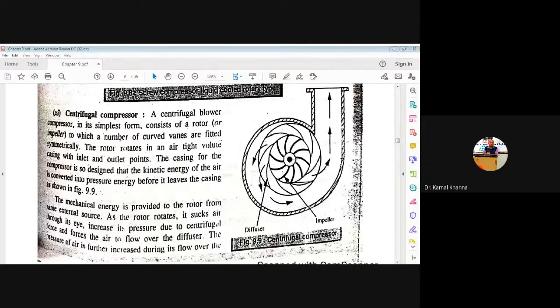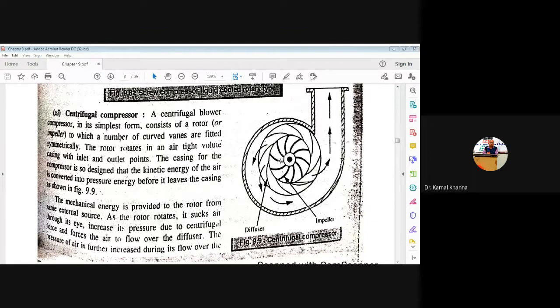So again, whenever you are supplying the electrical energy to the compressor, that electrical energy is used to rotate the impeller or rotor of the compressor. As soon as it starts rotating, it will start sucking the air from the atmosphere, and the air has only pressure energy.